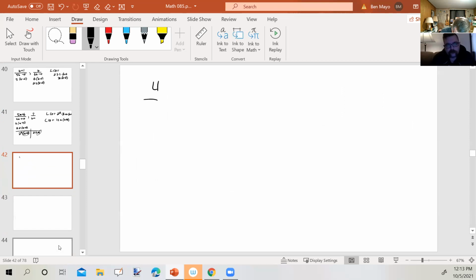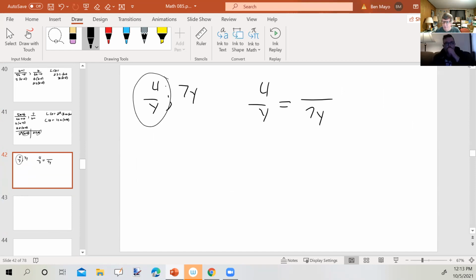And it has 4 over y, and then a semicolon and 7y. You may have encountered something like this in a pre-algebra class. Basically, it's the same thing. They're saying, take this rational expression, rewrite it as a new fraction with this denominator. So 4 over y equals what over 7y?